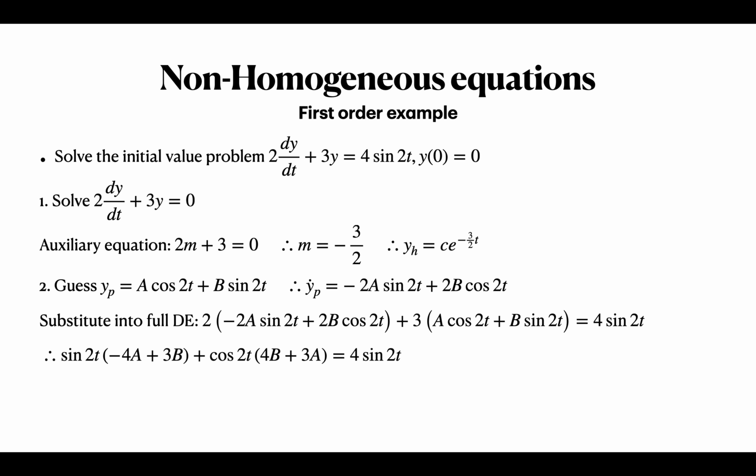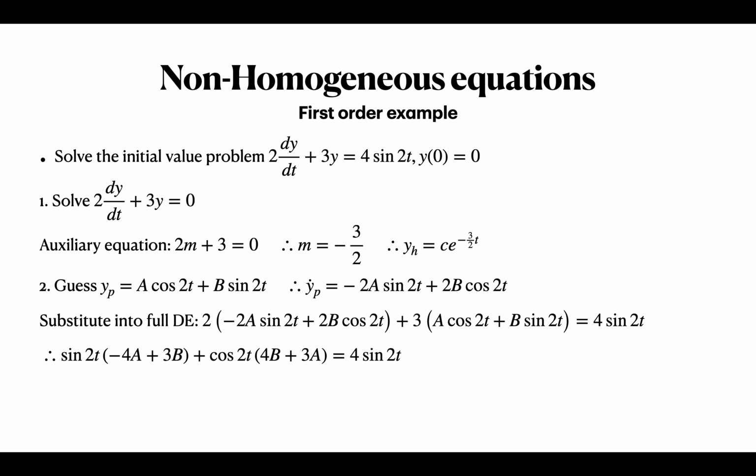Now, here's where the magic happens. The next step is not obvious, but it's the way to go. You look on the left-hand side, this expression is true for all times t. So what you do then is you compare sine terms with sine terms and cos terms with cos terms.